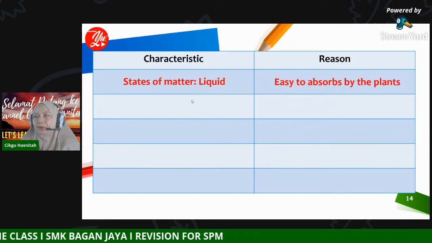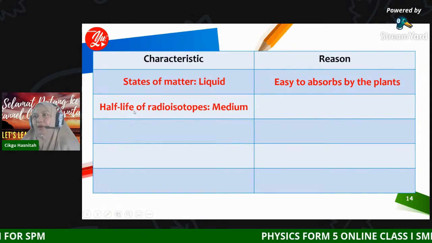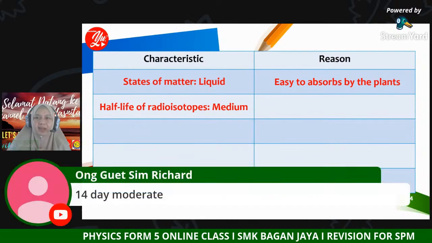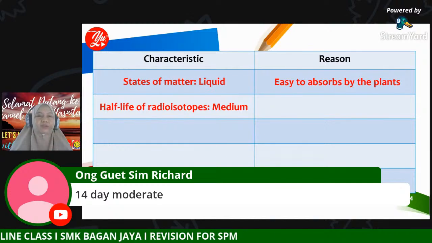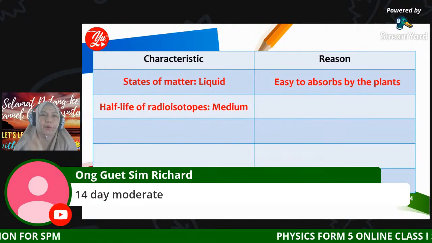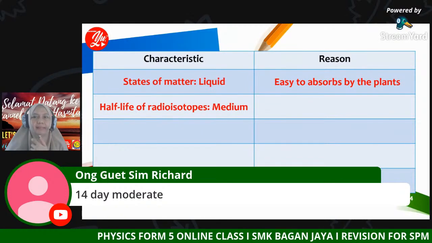Jinjie says 14 days, moderate. So the answer is half-life of radioisotope, we say medium or moderate. Write also the characteristic. Half-life of radioisotope is moderate.